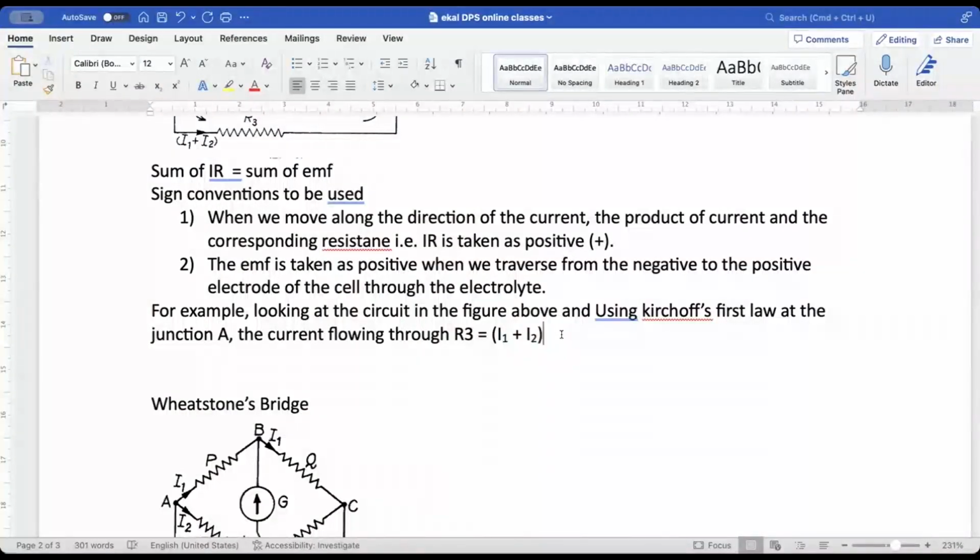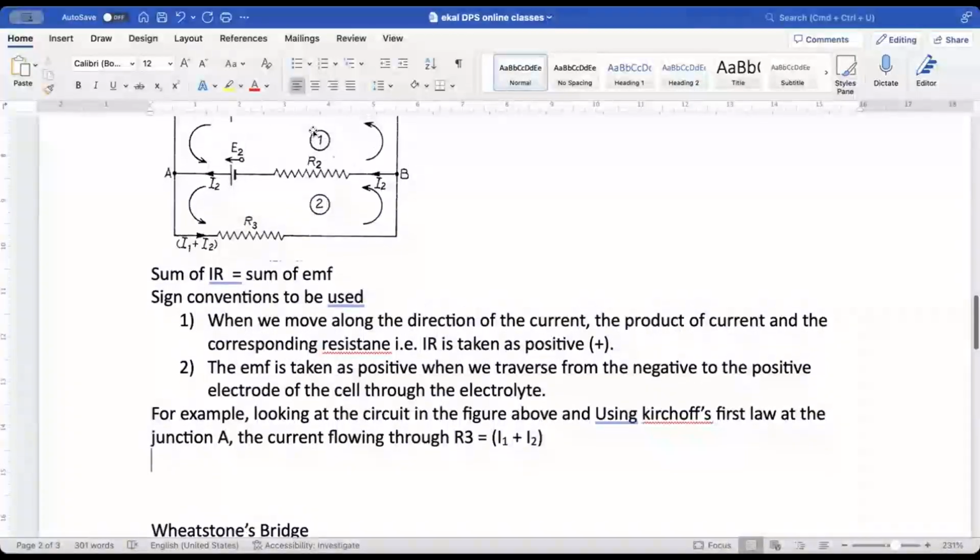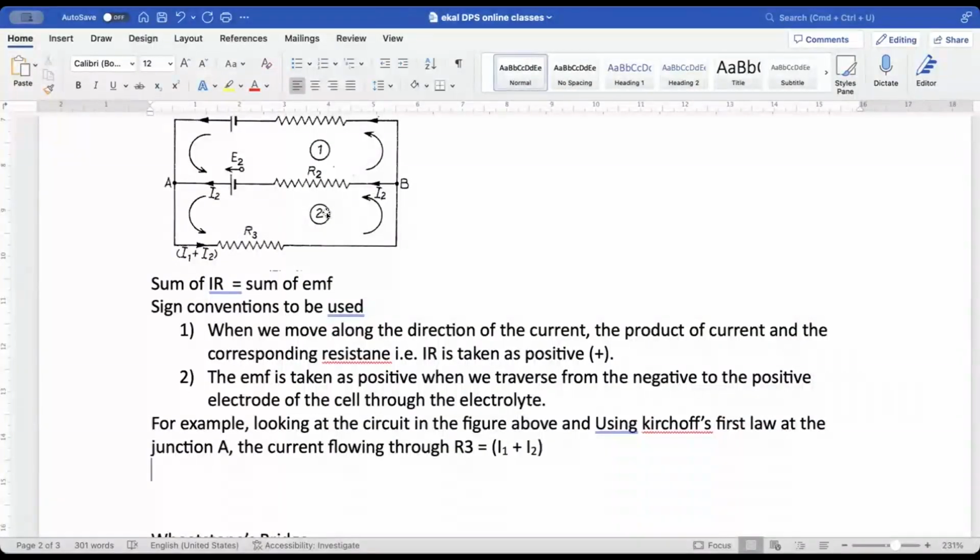This is the total current which is flowing through R3 at junction A. Fine. Now we have two loops over here. Say the above one is loop 1 and this one is loop 2.